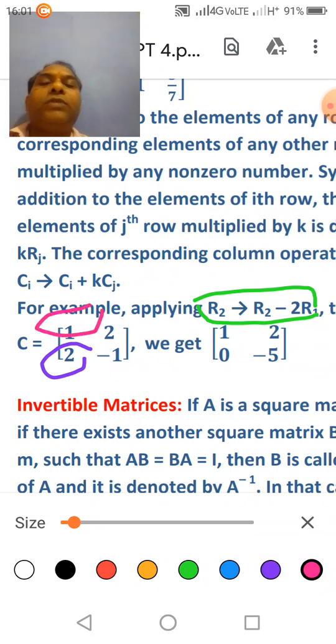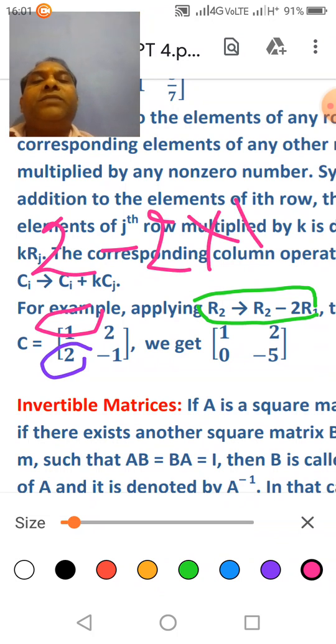So you have to subtract 2 minus 2 into 1, which will be 0.